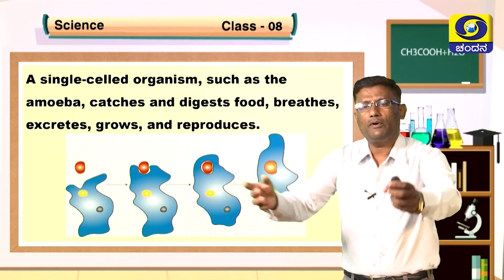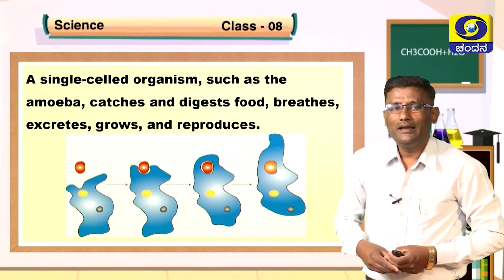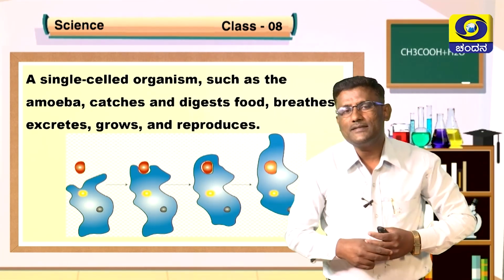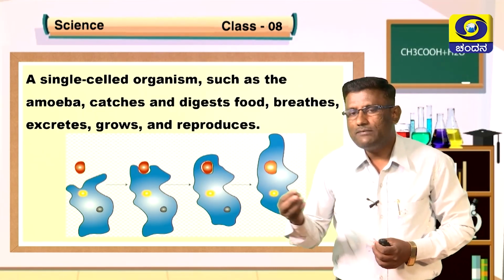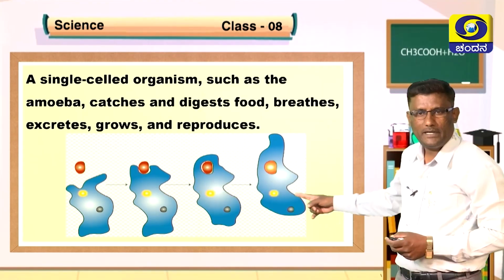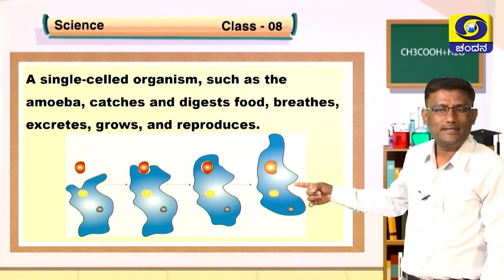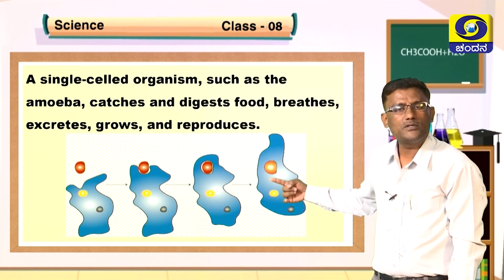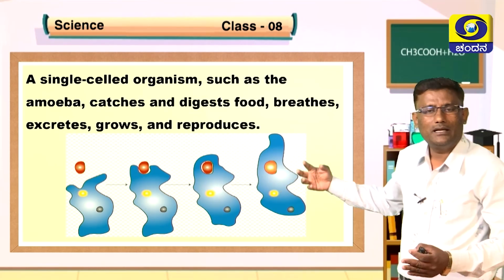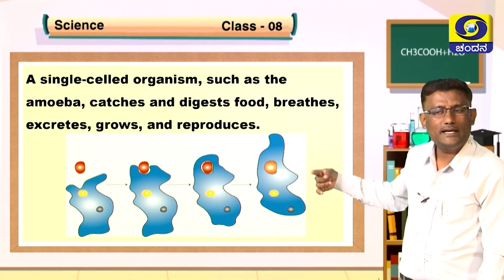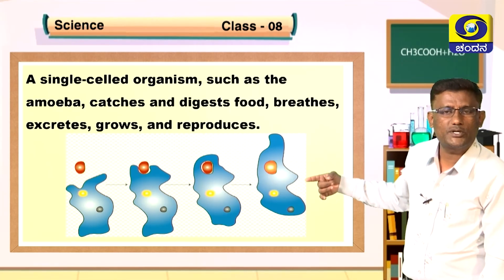Then we can extend our concept here. In single-celled organisms like amoeba, the amoeba cell catches the food material, which you can observe here. A single-celled amoeba catches the food material, then takes that food material inside by the process known as ingestion.